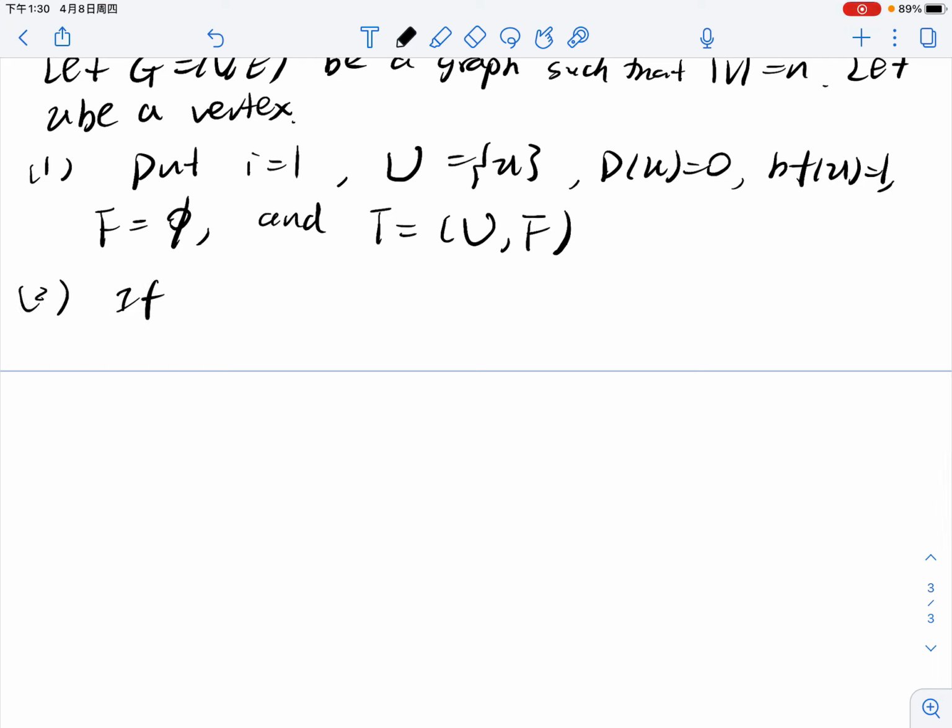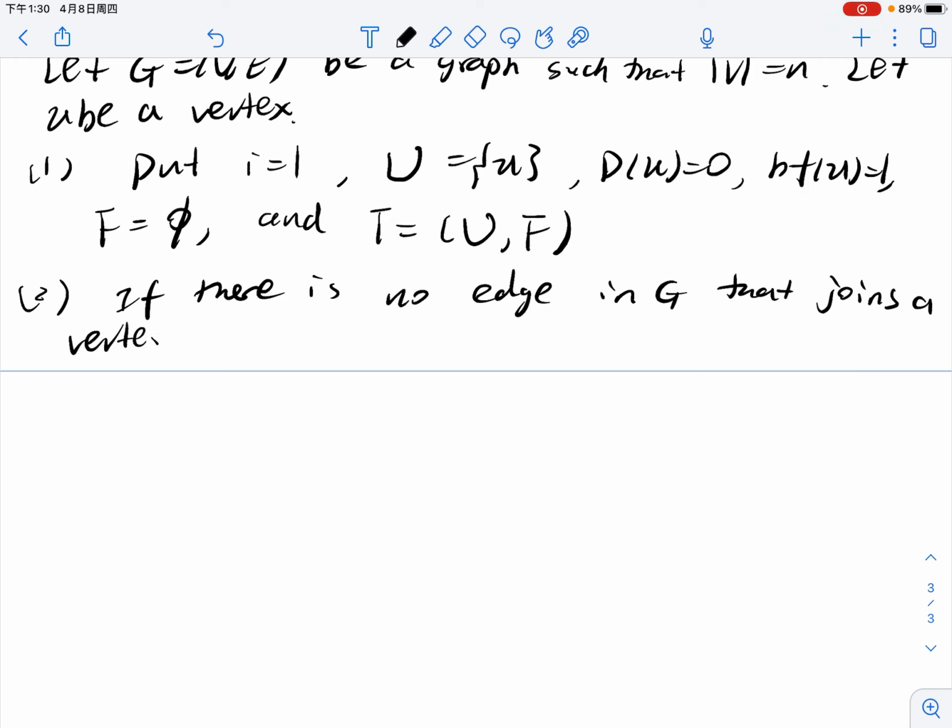And then if there is no edge in G that joins a vertex x in U to a vertex y not in U, then stop.